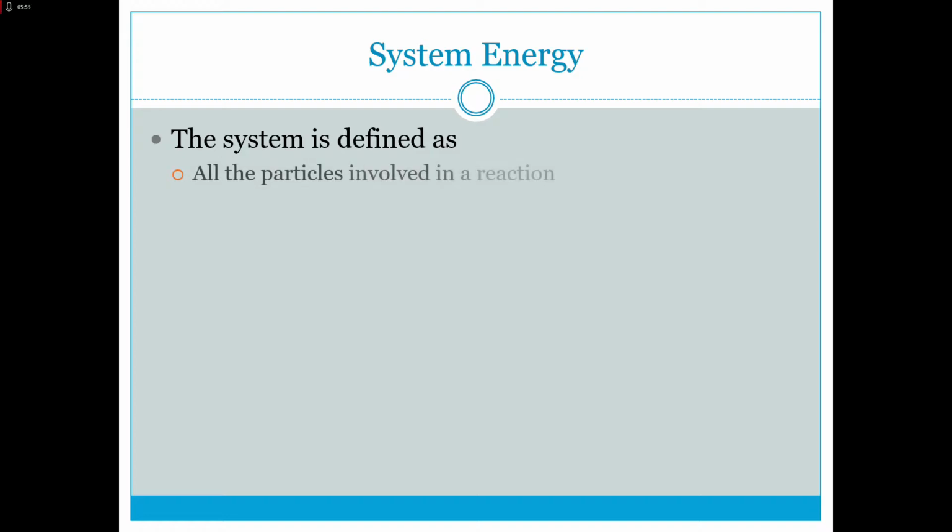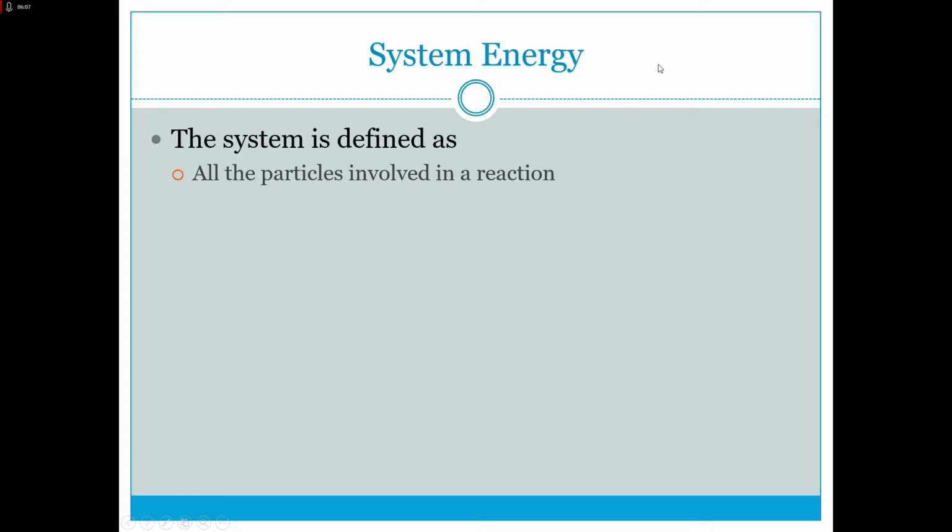So the system energy will determine whether a reaction is endothermic or exothermic. And as the name suggests, system energy is simply defined as all the particles involved in the reaction. So if you take all the energy of all the particles involved in the reaction, that is your system energy.